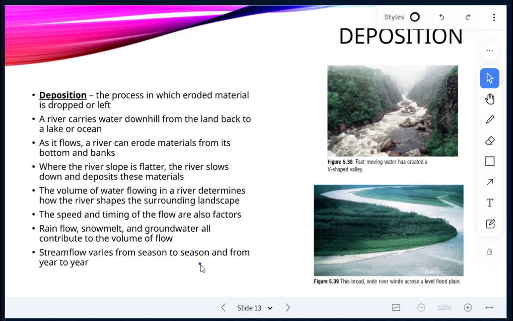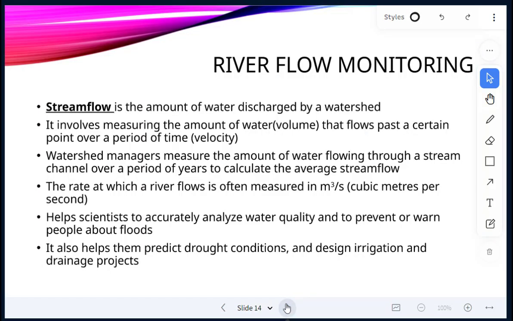All right, so the volume of water flowing in a river will determine how the river shapes the surrounding landscape. The speed and the timing of the flow will also be factors. Rain, snow melt, and groundwater will all contribute to the volume of flow. And stream flow will vary from season to season and from year to year. River flow monitoring. Stream flow is the amount of water that's discharged by a watershed.